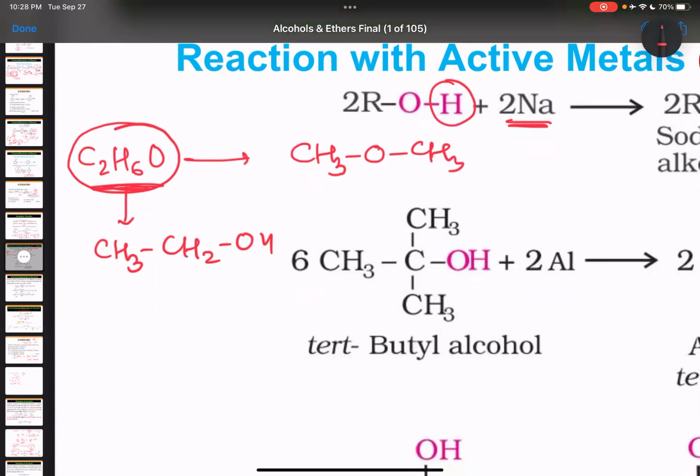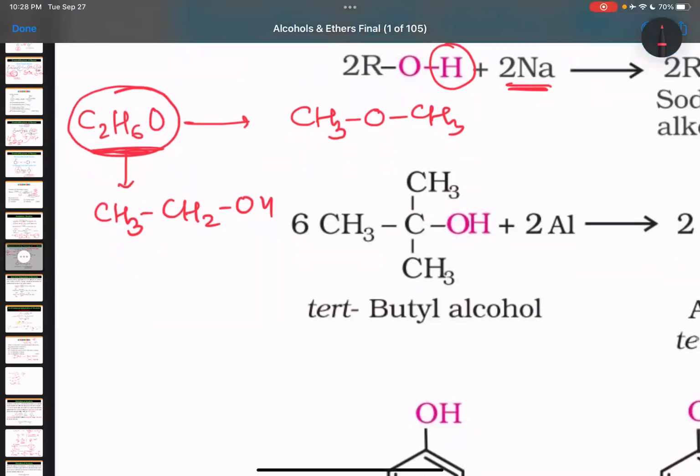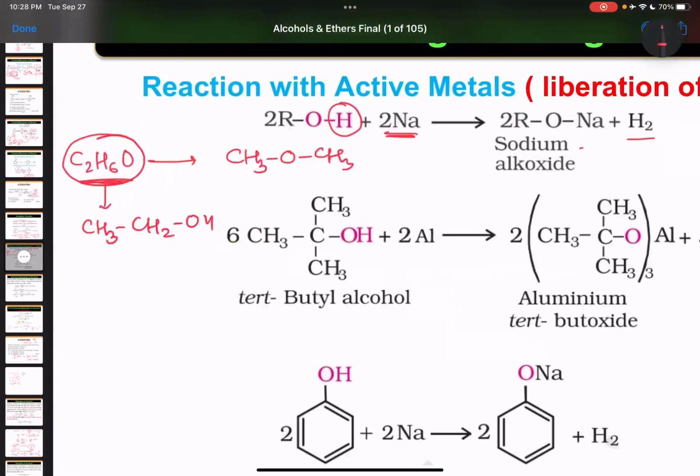But if you have ether, you will not observe this liberation of hydrogen. Is it clear? Yes, sir. Okay. So that's the very basic thing.